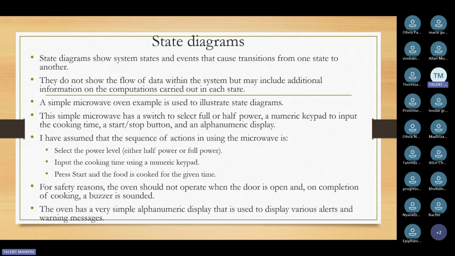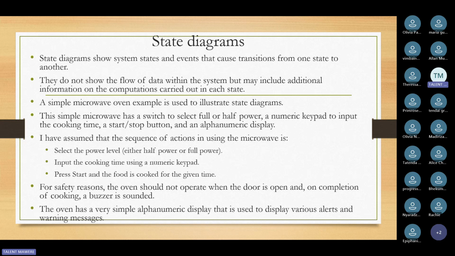I've assumed that the sequence of actions in using the microwave is as follows. You select the power level, either half power or full power. You then input cooking time using a numeric keyboard. You then press start and the food is cooked for the given time.